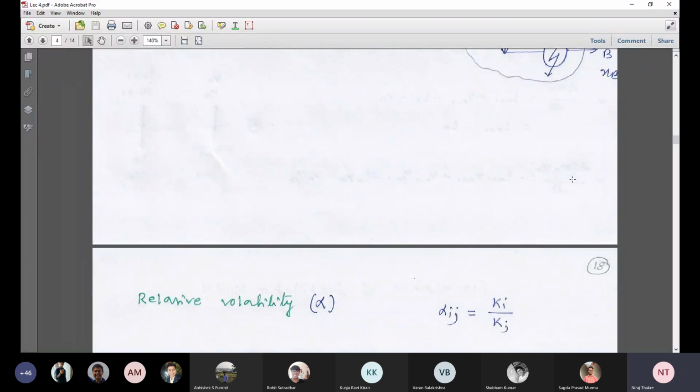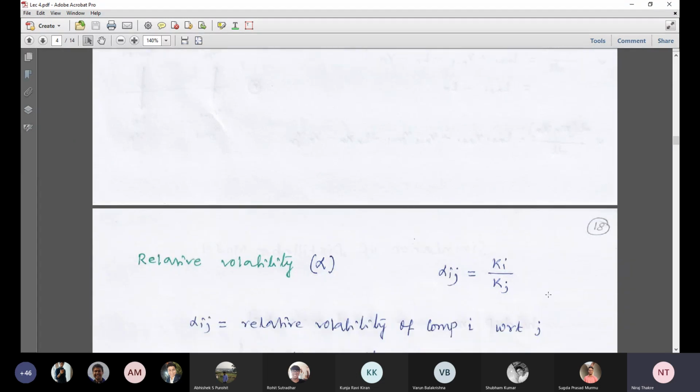I told you before I will discuss this term, relative volatility, which is represented by alpha. You see, this is the alpha expression. Alpha ij means relative volatility of component i with respect to component j.